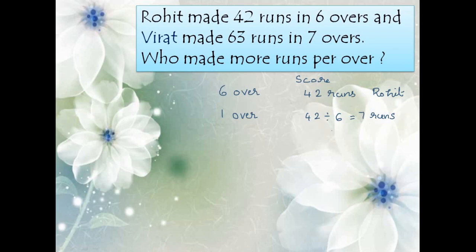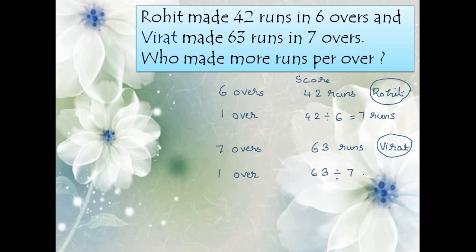Let's think about Virat. What is given there? In 7 hours, Virat made 63 runs. Then, what will be the score of Virat in 1 hour? It is 63 divided by 7 equal to 9 runs.